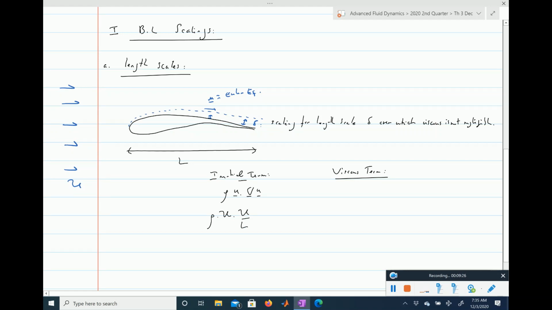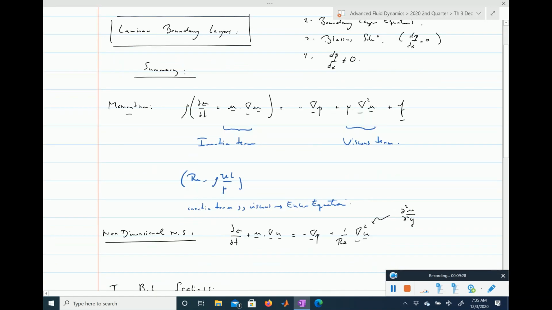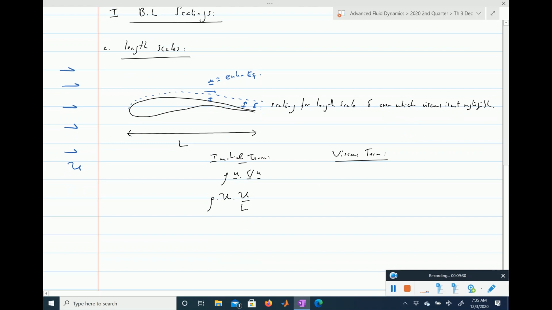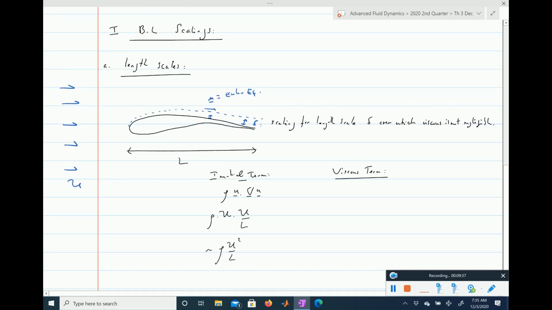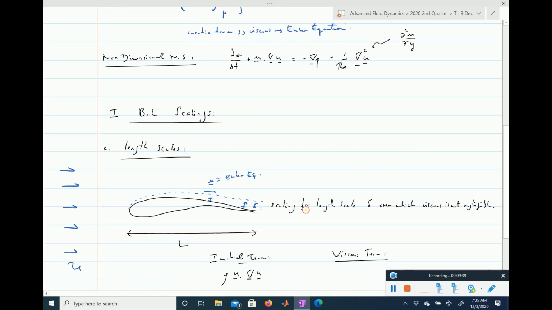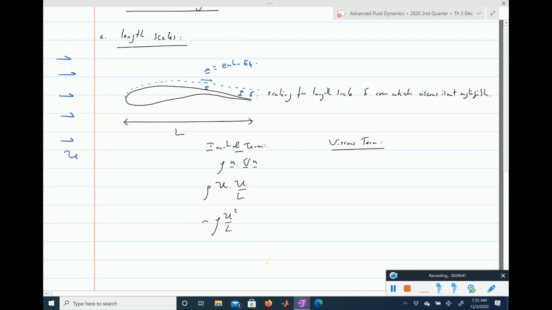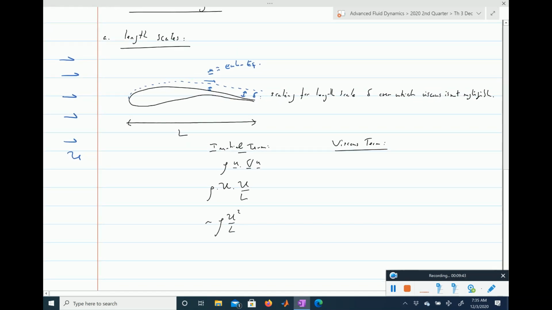And so u scales with U, and the gradient of u scales with U divided by L. So we can here find a scaling for the inertial term, which is rho U squared over L. We've done this scaling before.